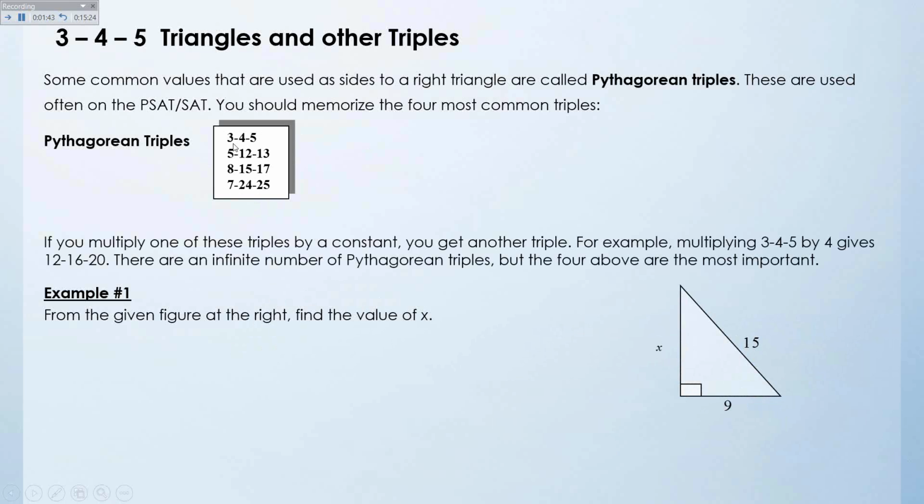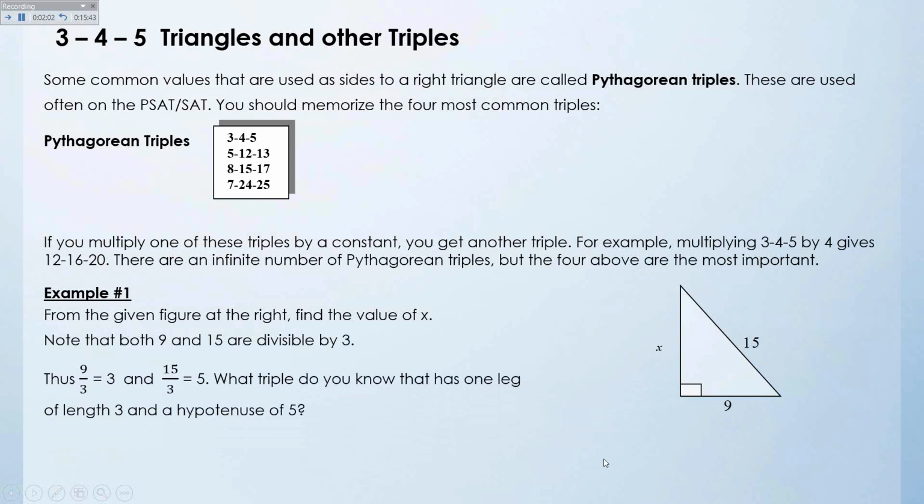Well, yes it is. 3 times 3 is 9. 3 times 5 is 15. And so you're basically looking at a 3, 4, 5 Pythagorean triple multiplied by 3. So this would be 12. And the nice thing is there's really no calculating there. You just simply know that.